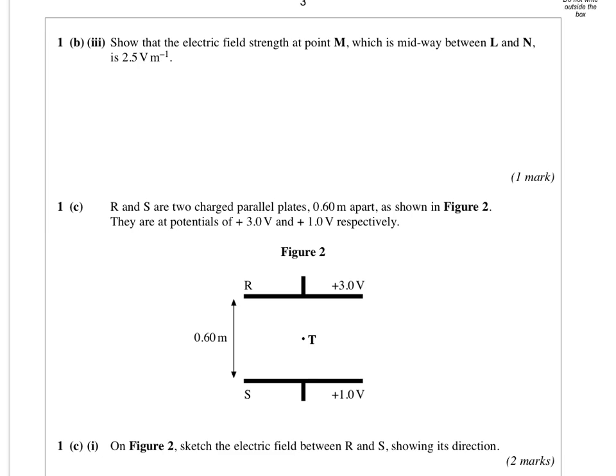So then it's asking you to show the electric field strength at point N, which is midway between L and N, is 2.5. So making sure we're still using our radial field equations here, Q over 4 pi E0 R squared. So let's put the values in. So we know it's 1.0 using the unrounded value for the charge.